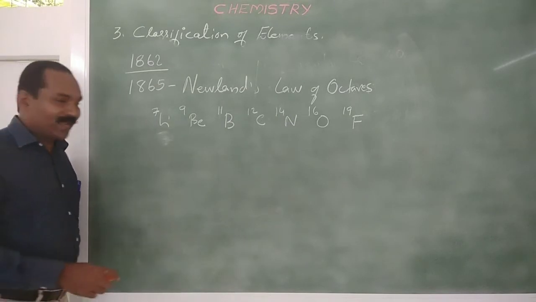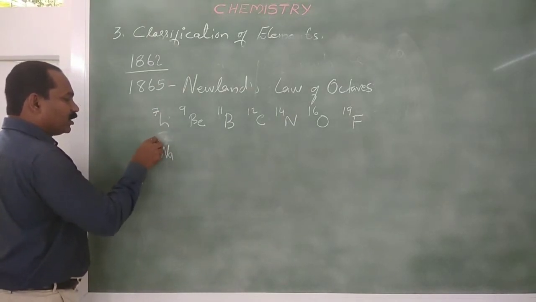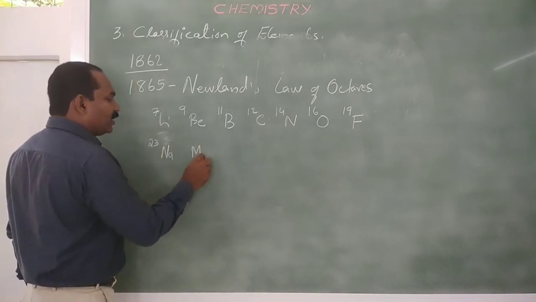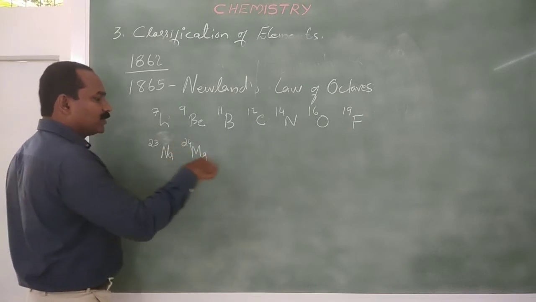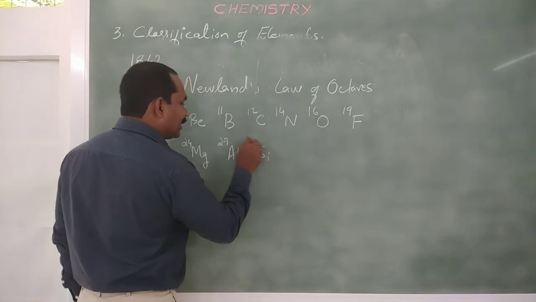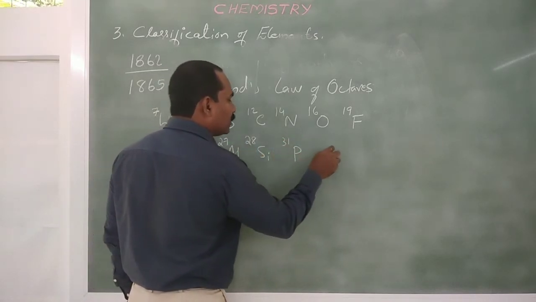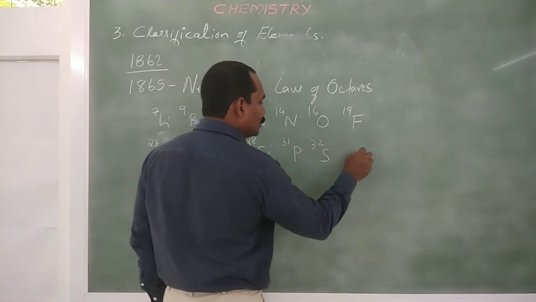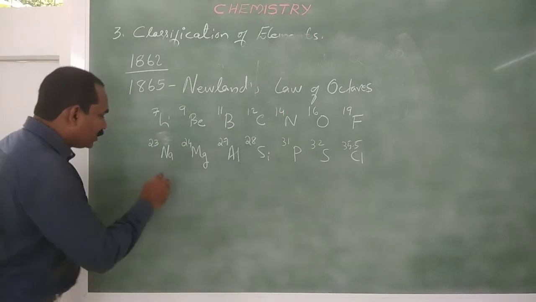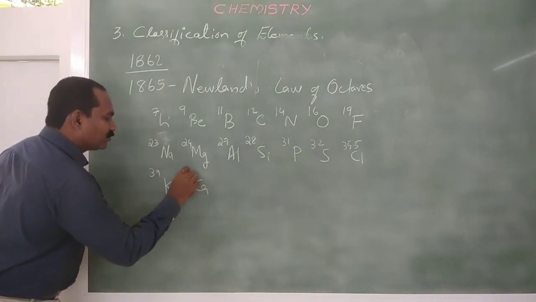Next is sodium 23, then magnesium 24, aluminium 27, silicon 28, phosphorus 31, sulfur 32, chlorine 35.5, then potassium 39, calcium 40.